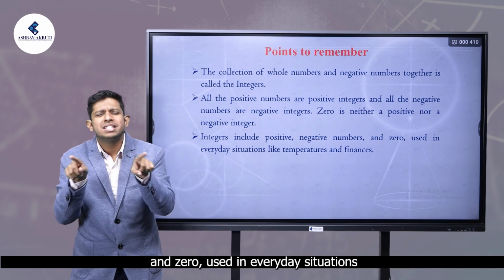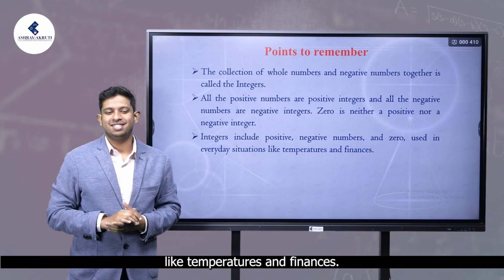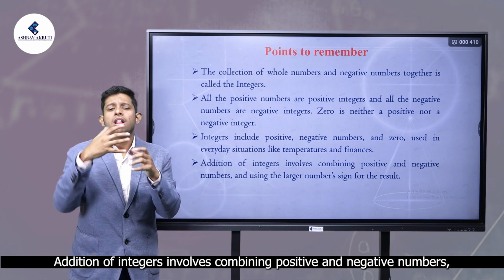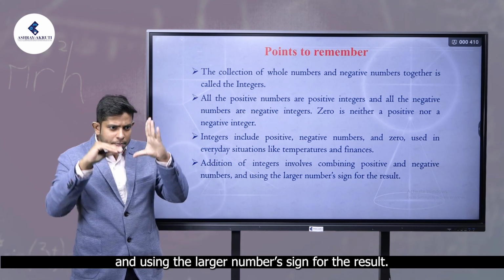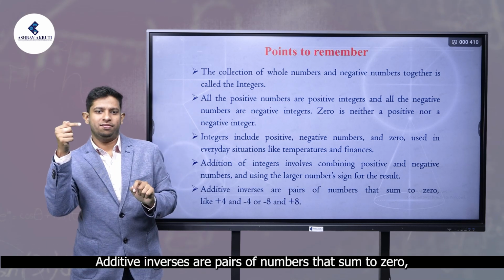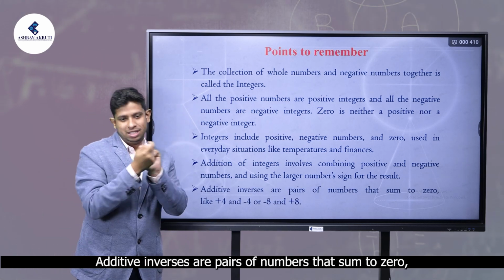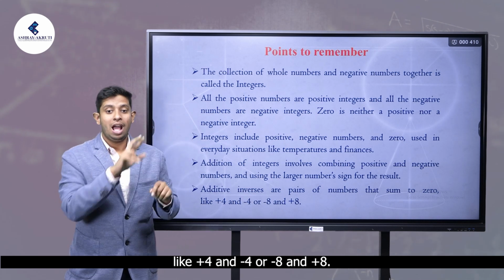Used in everyday situations like temperatures and finances. Addition of integers involves combining positive and negative numbers and using the larger number's sign for the result. Additive inverses are pairs of numbers that sum to 0, like plus 4 and minus 4 or minus 8 and plus 8.